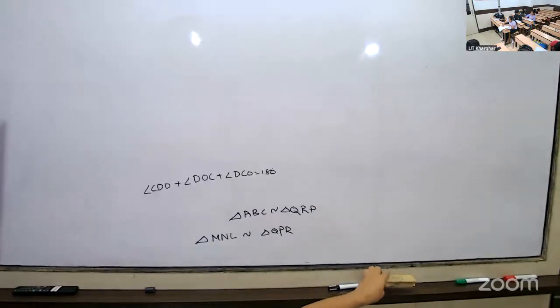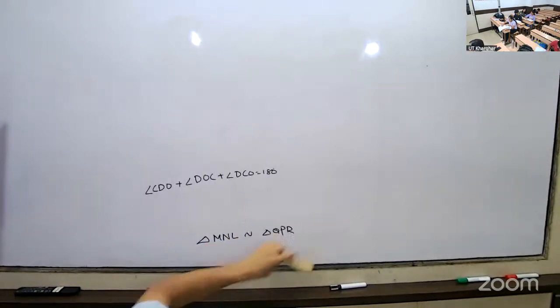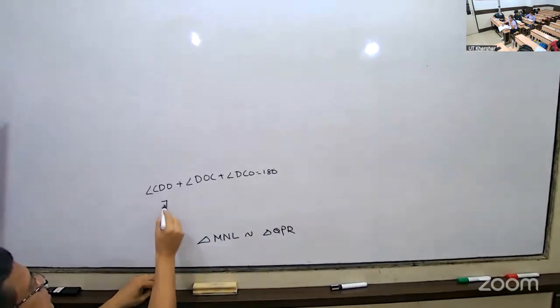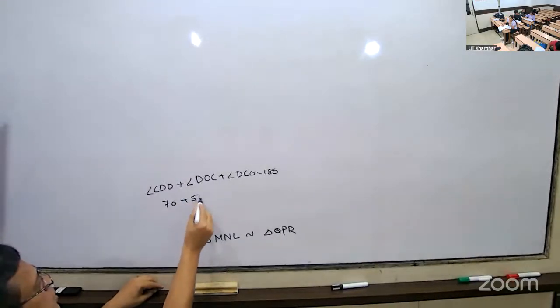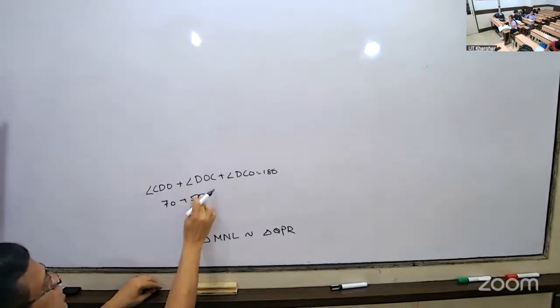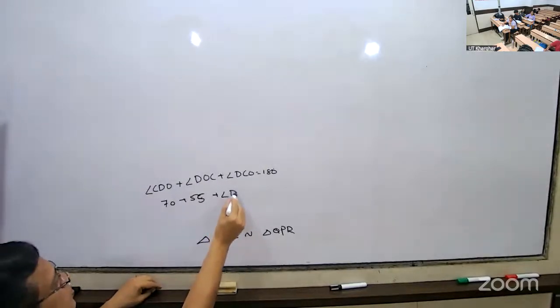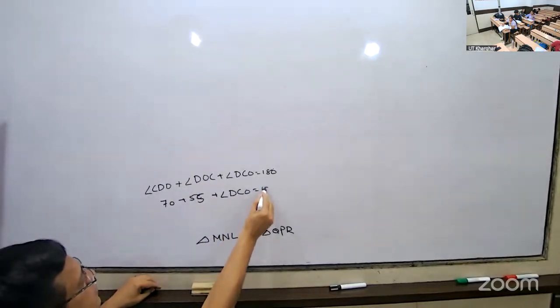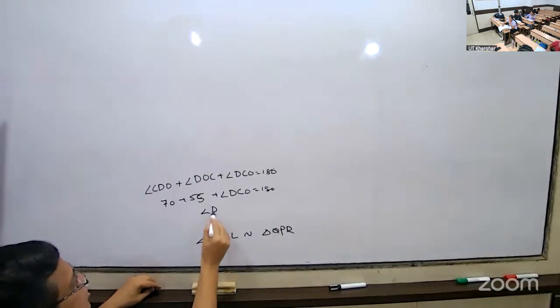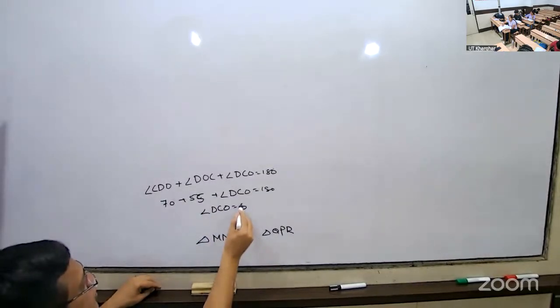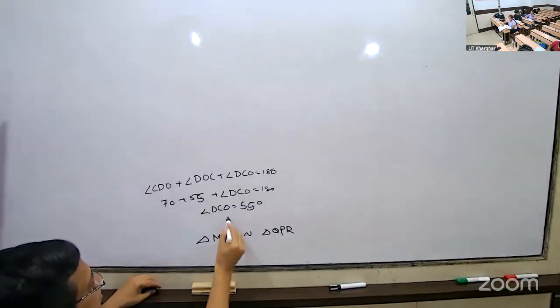Put the values now. This is 70, and this is 55, plus angle DCO is 180. Therefore, angle DCO is equal to how much did you get? 55 degrees.